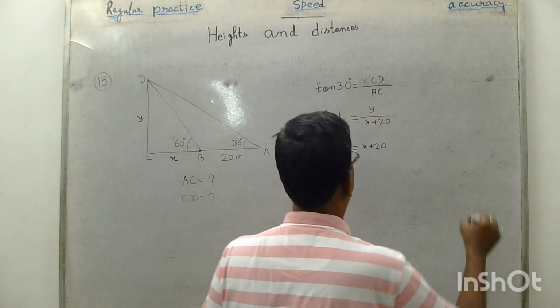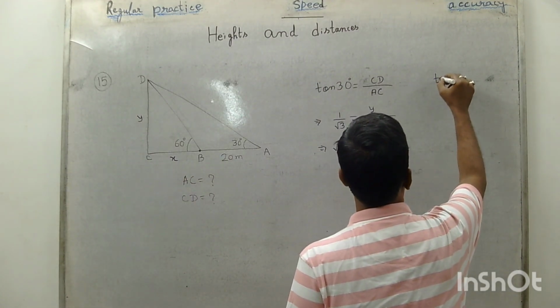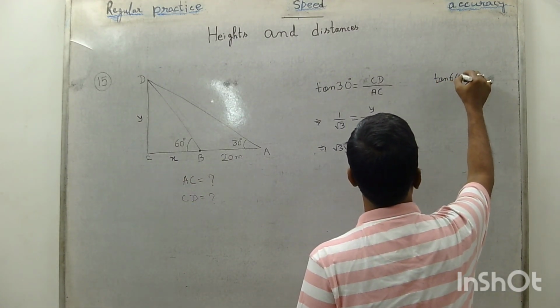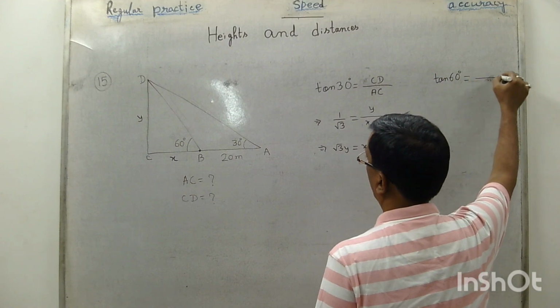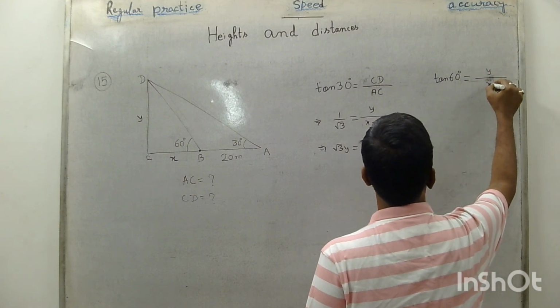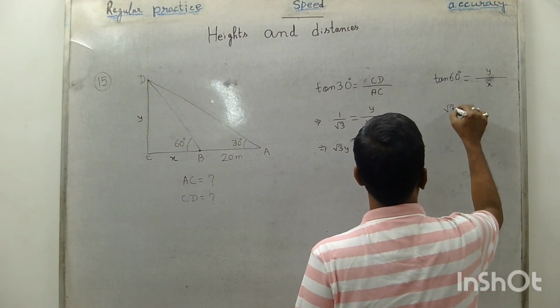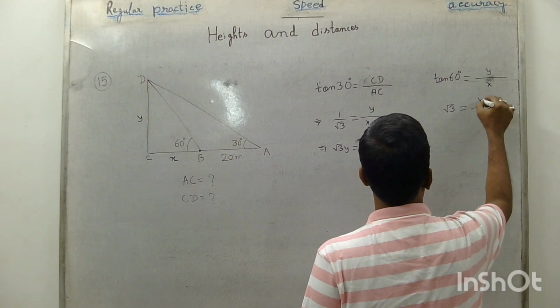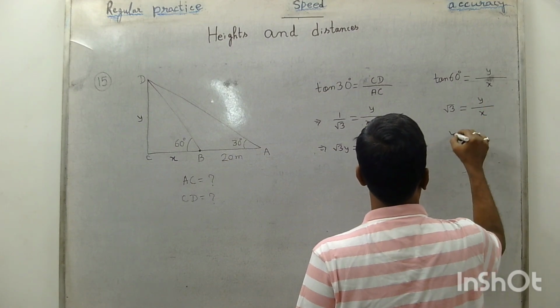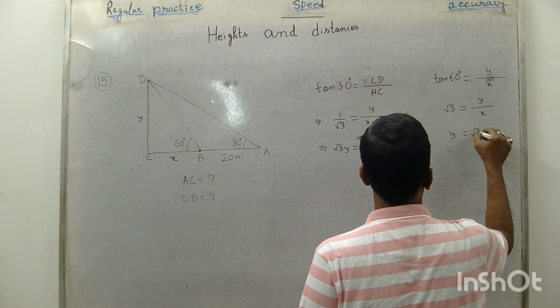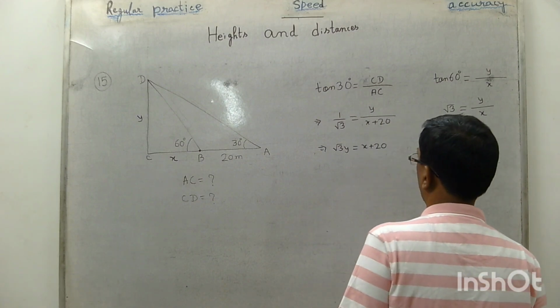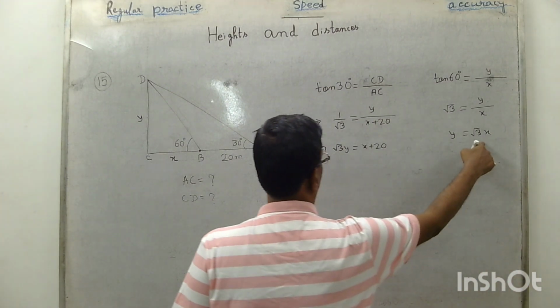And tan 60, what about tan 60? Tan 60 is Y by X. Root 3 equal to Y by X. Y equals to root 3X. तो ये Y का जो वैल्यू है यहाँ पे पुट करेंगे.